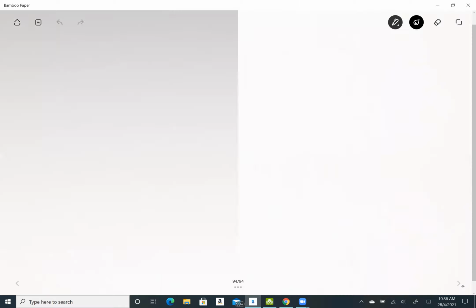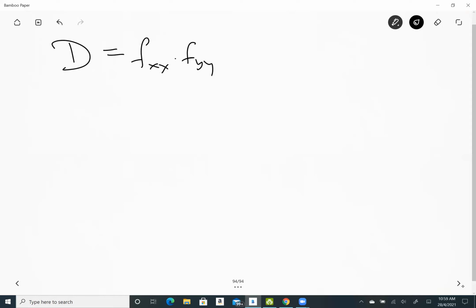So now step number 3, we know that D is equal to what? D is equal to fxx multiplied by fyy minus fxy squared. So what do we need? We need fxx. What is fxx? Go back to the first partial. You got 6x.